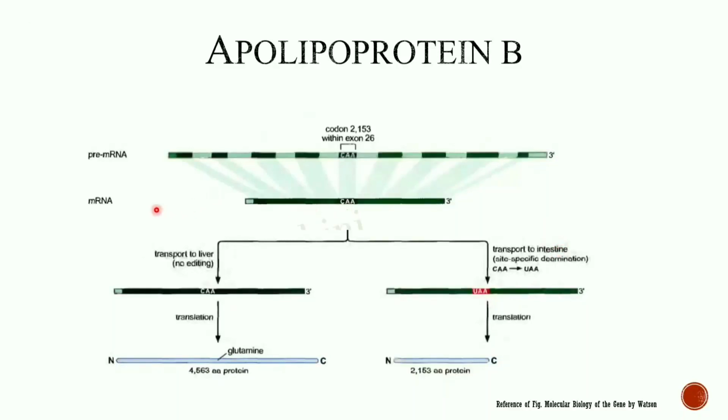When this mRNA goes for translation in the liver, a longer apolipoprotein is synthesized. Here you can see that the CAA present in the pre-mRNA has been kept as it is, CAA. In the second case, in the intestine, this C is converted into U by site-specific deamination.